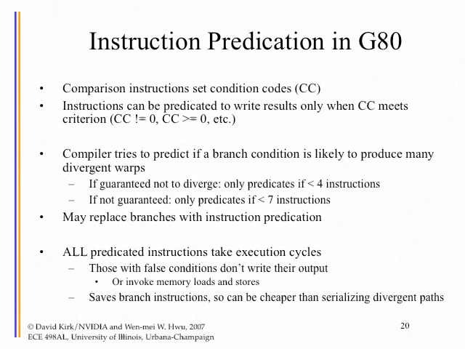So the compiler would just go ahead and do the predication. And if it's not guaranteed, then the compiler will take even more risk, meaning that even if the then part takes 7 instructions to execute, as long as the compiler says there's probably going to be a divergence, it will predicate up to 7 instructions.